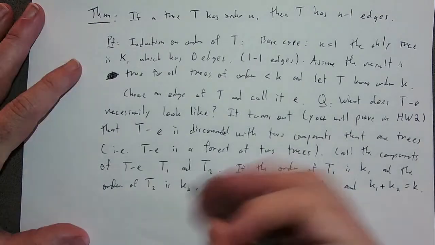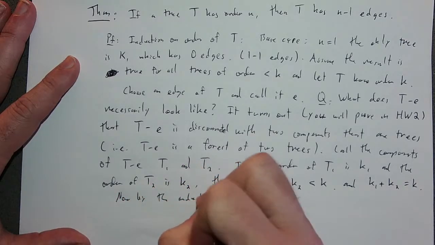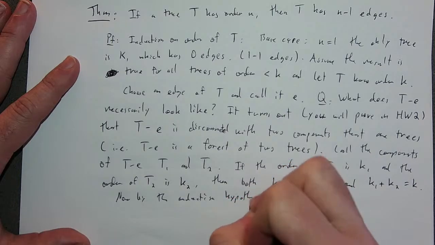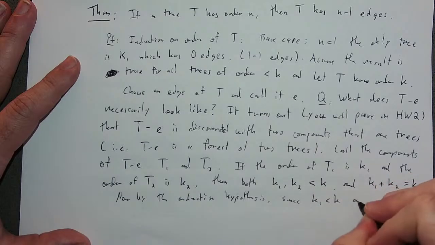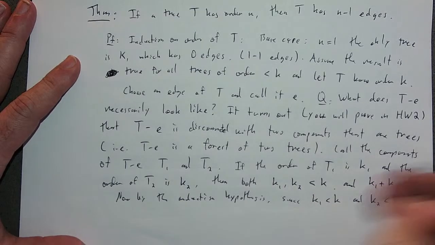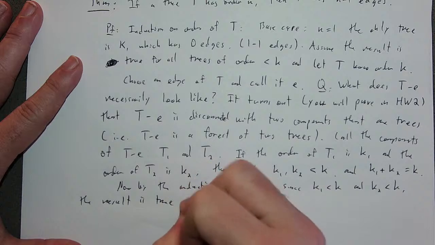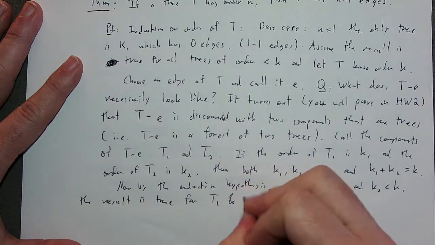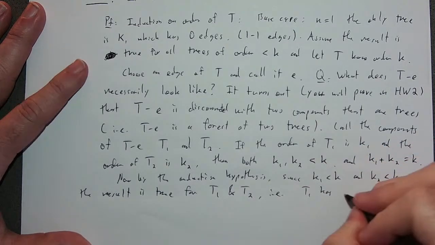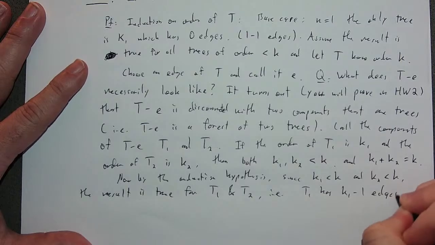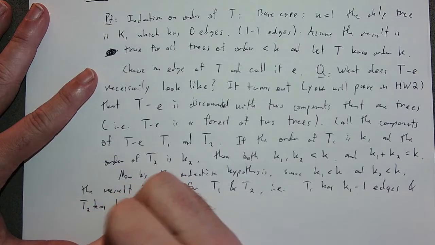Now, by the induction hypothesis, since K1 is less than K and K2 is also less than K, the result is true for both T1 and T2 separately, i.e. T1 has K1 minus 1 edges, and T2 has K2 minus 1 edges.